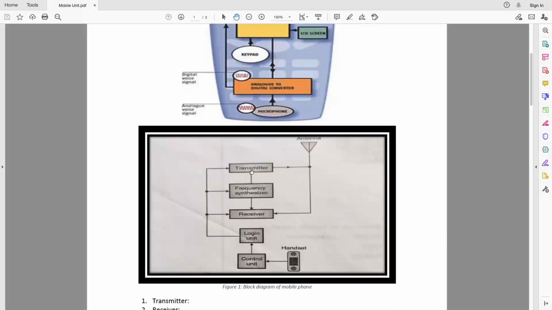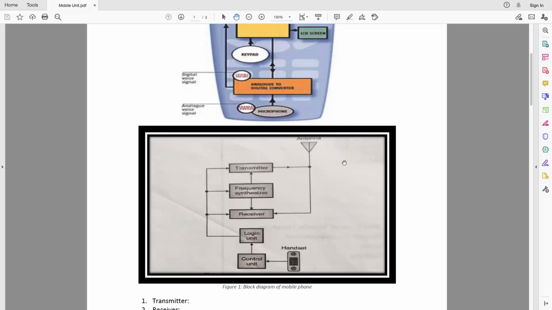So what is the function of the transmitter? The transmitter is mostly used to transmit your voice data or your text data. The transmitter actually converts your digital signal into an analog signal which is suitable for transmission through an antenna.